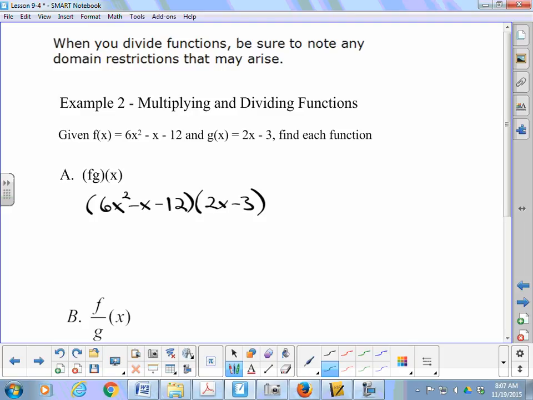All right, so you can set this multiplication up the way you want to. Do it horizontally, do it vertically, make a table, whichever method you would choose to do. Or you could multiply them horizontally and write them vertically, which is one thing I've done too. So we'll take all three of these in the first one and multiply them by 2x. So 12x cubed minus 2x squared minus 24x.